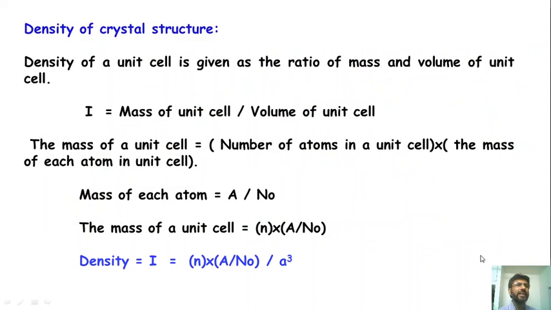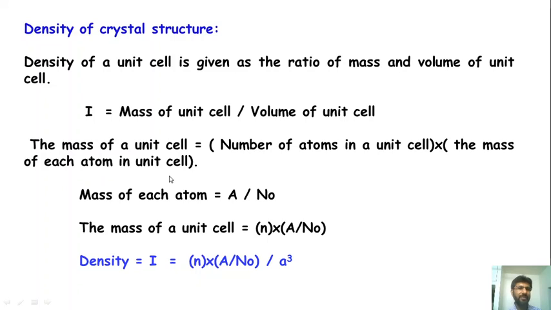Now lastly, in this lecture we are going to see the density of the crystal structure. The density of the unit cell is given as the ratio of the mass and the volume of the unit cell. So rho is equal to the mass of the unit cell divided by the volume of the unit cell. The mass of the unit cell is equal to the number of atoms in the unit cell multiplied by the mass of each atom.